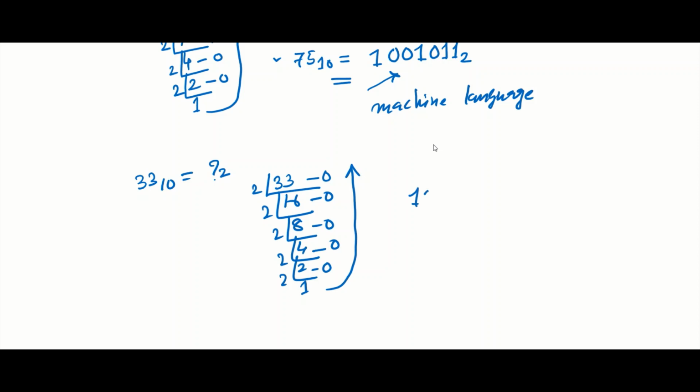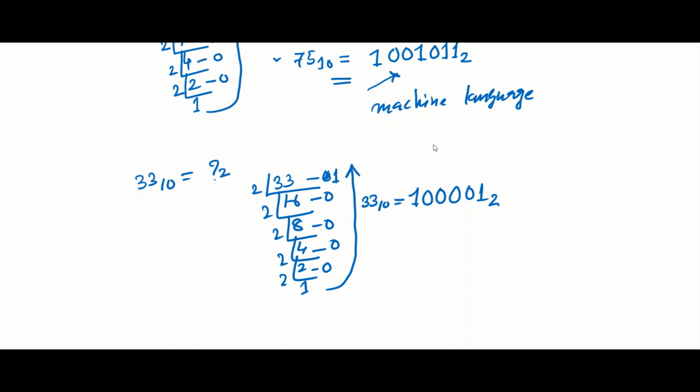So 1 0 0 0 0 0. Sorry, there should be 1, the remainder, some mistake over here. So it also should be 1. So this is the binary number equivalent to 33 in decimal.